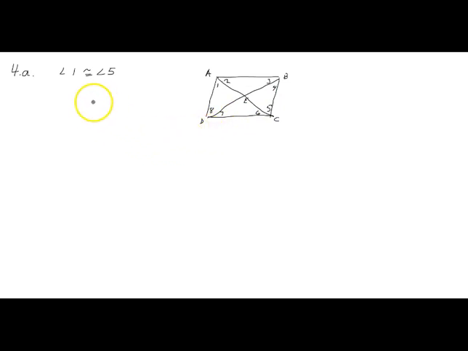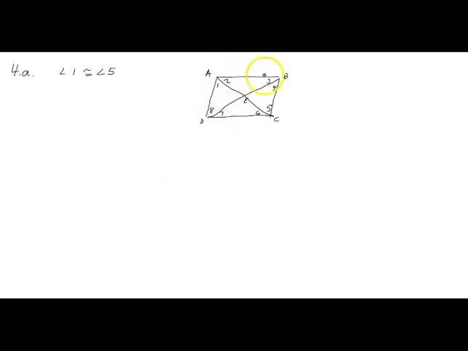So the first problem we're going to look at is from page 117, and this is number 4. What they're asking for is for you to look at this picture and state which conclusion or conclusions can be made from each statement. And they have 4 different items you can pick from.